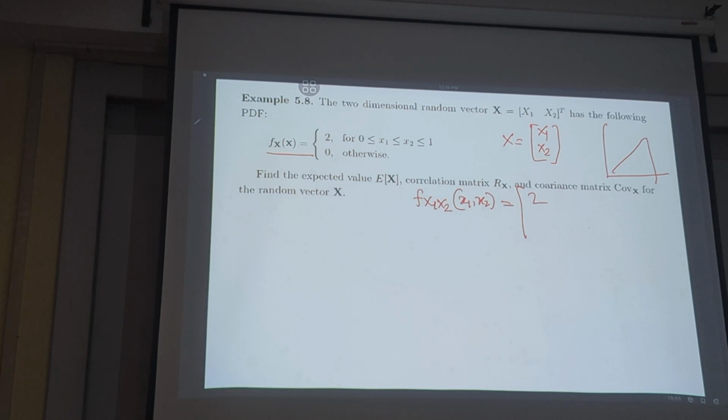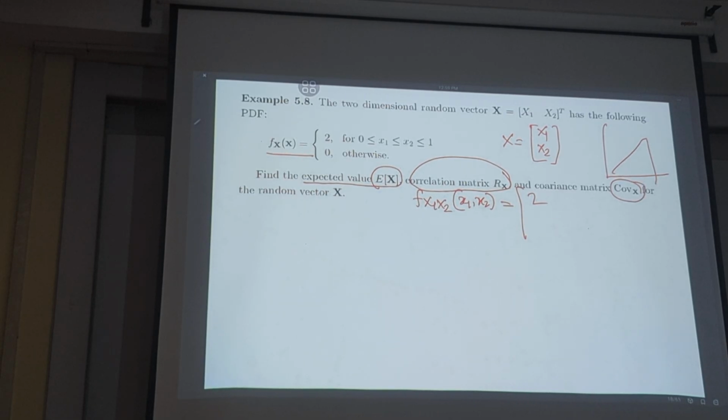We have seen this how many times? 100. Now what you need to do? You need to find out the expected value vector of x, the correlation matrix R of x, and the covariance matrix C of x, for the random vector x.